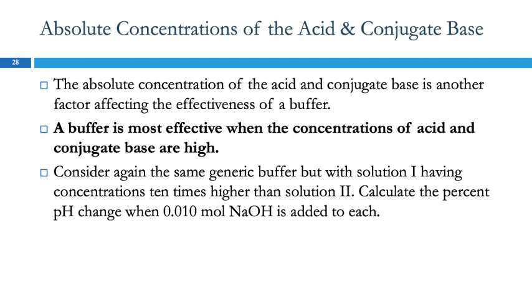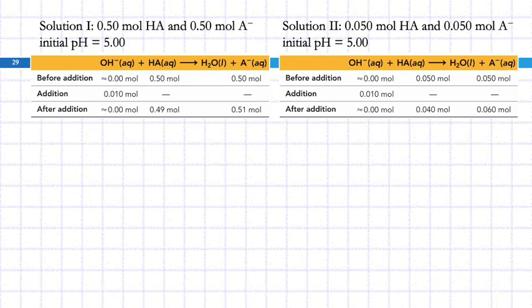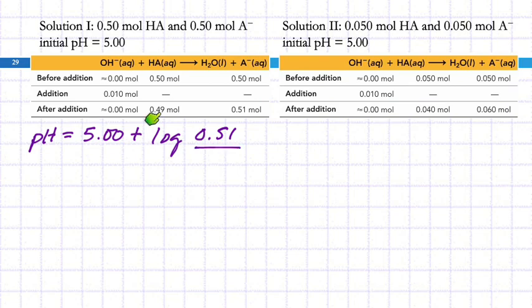We're going to look at that same generic buffer, but now solution 1 is going to have concentrations 10 times higher than solution 2. And we're going to look at the pH change again. So calculating the new pH: pH is pKa plus the log of the base over the acid. Here I've got 0.51 base and the acid is 0.49.